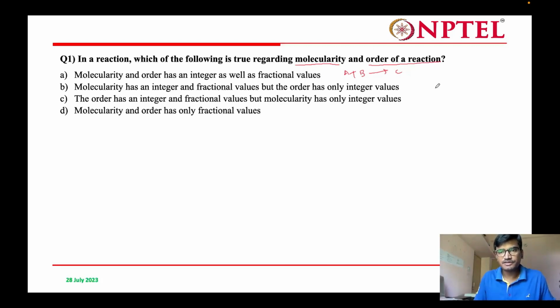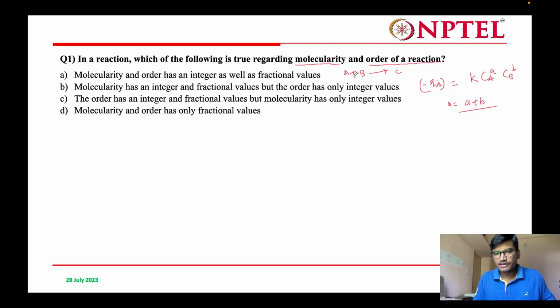And the order of the reaction: small a is the order with respect to CA, and b is the order with respect to CB, or the total order of the reaction is a plus b.